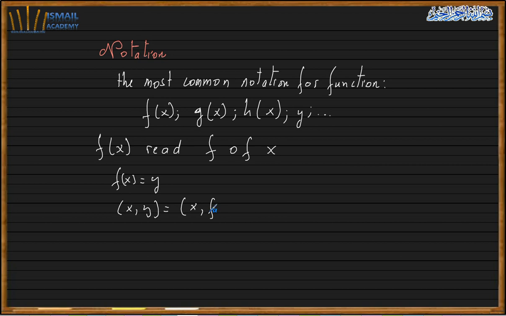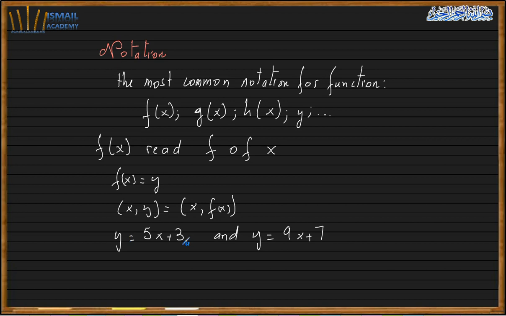And we use this notation most of the time when we have two distinct functions. For example, if I have this y defined by a function which is 9x plus 5, this expression depends on x. That means y is defined by this expression.